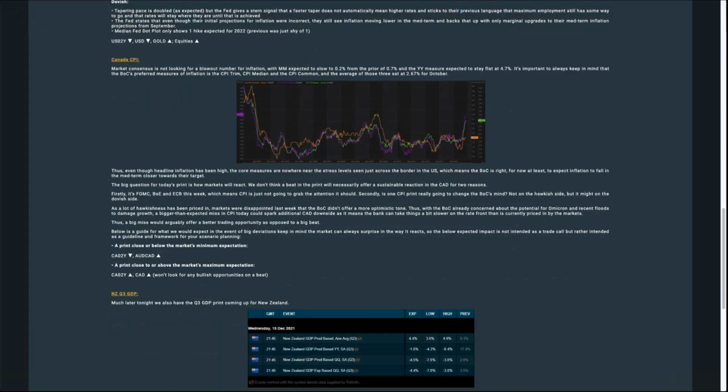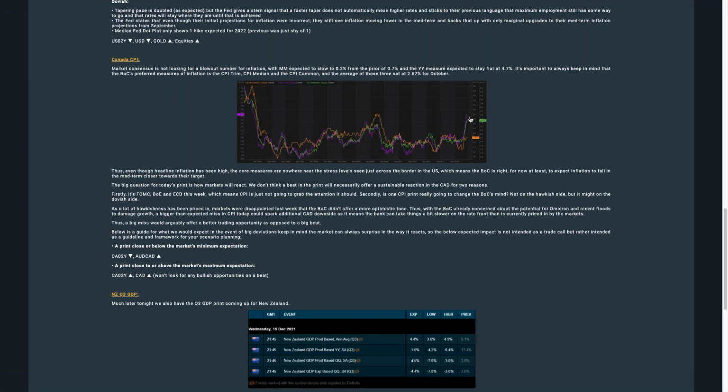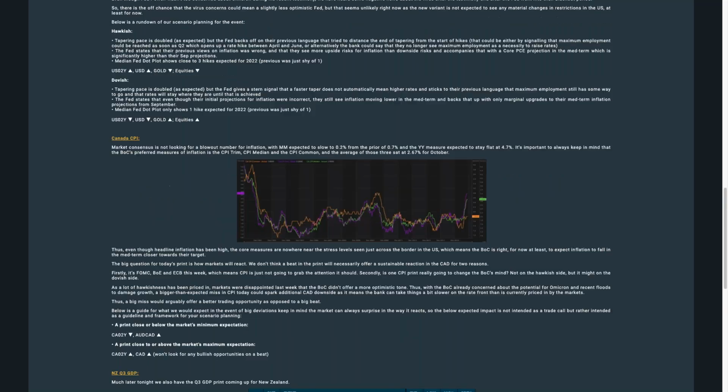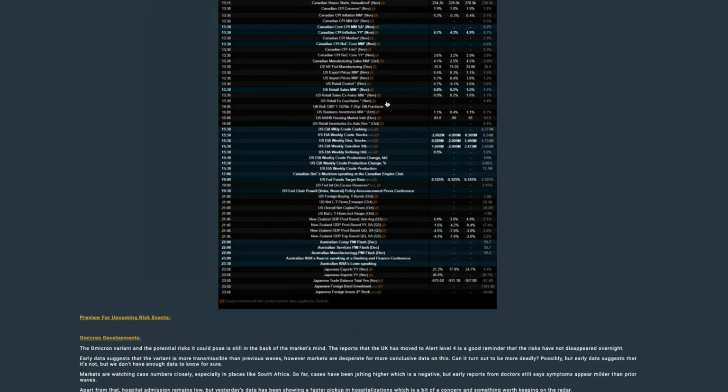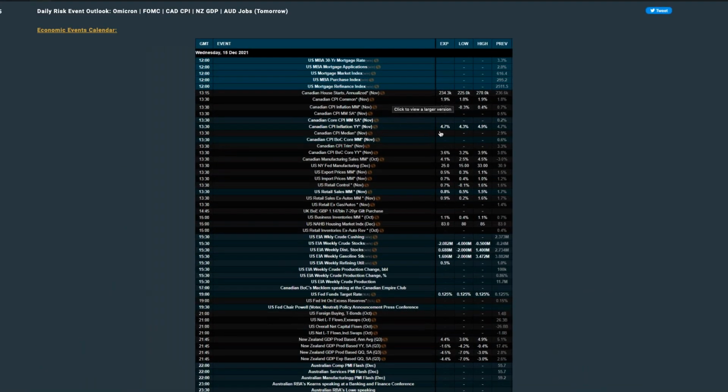So if inflation data is low, if it's below the minimum expectations, and if we just take a look at the expectations, you can see that if it's below 4.3% for the year on year and the month on month is below minus 0.3%, then expect upside in something like the Aussie CAD.